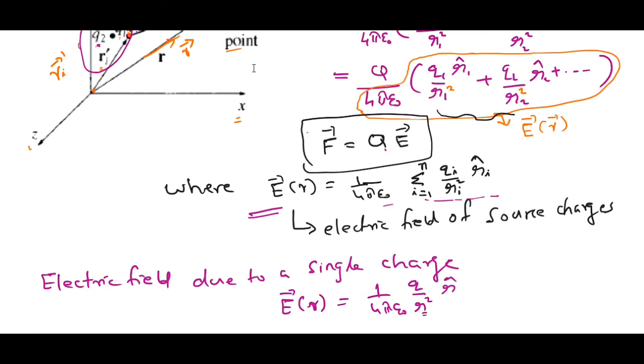Here R is a separation vector. It should be noted that this electric field is a function of R, the position vector, not the separation vector.